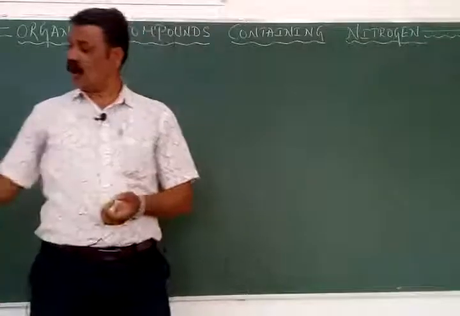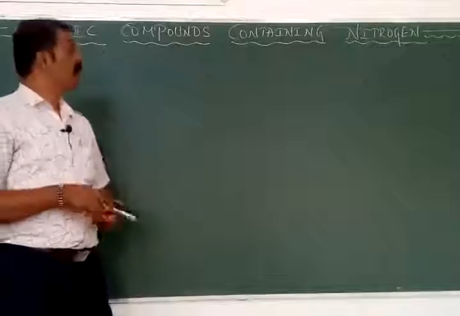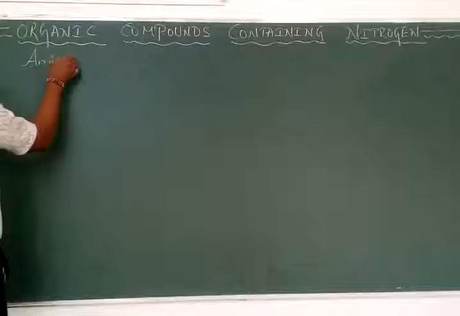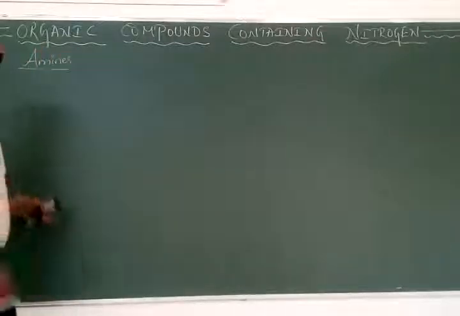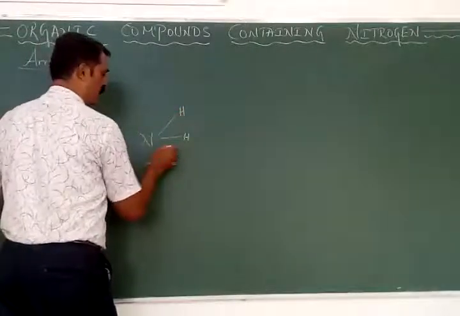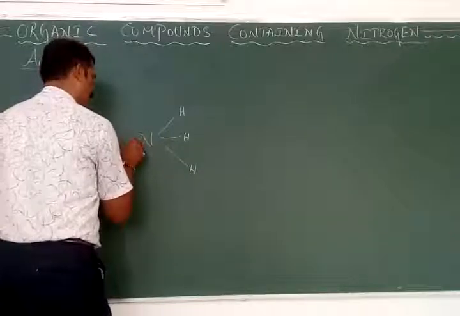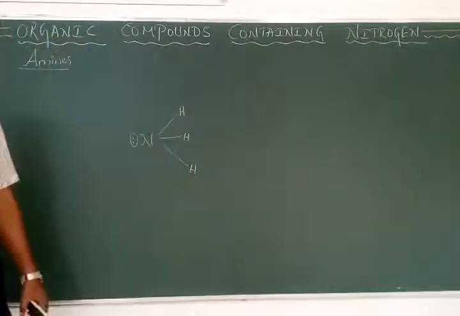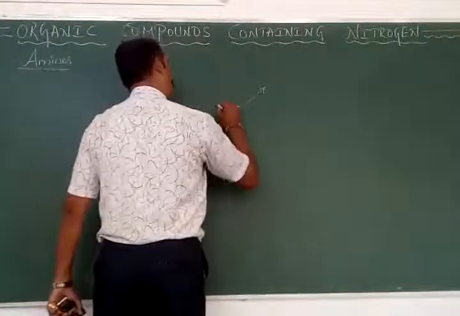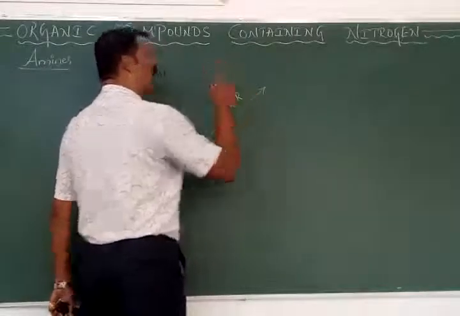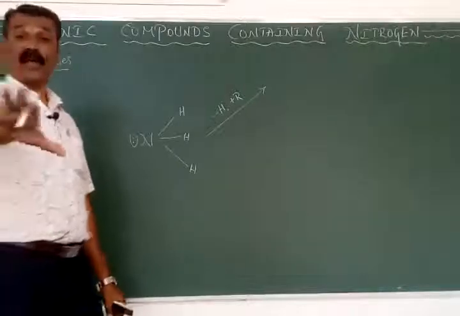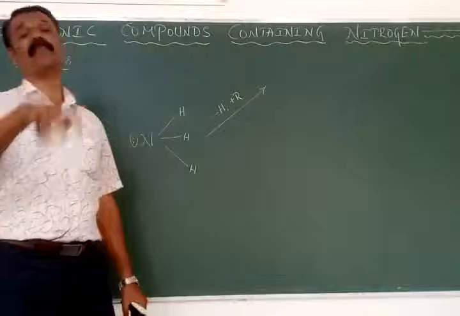So how do we define amines? What are amines actually? As we know, this is ammonia first. Here, if I remove one hydrogen from this and add one organic group, R for example, the organic group may be an aliphatic group, or an aromatic group, or sometimes a heterocyclic group.